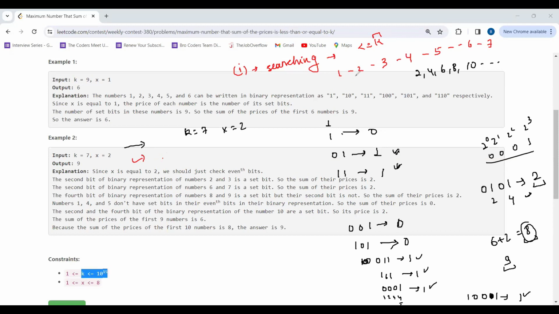So let's take the lower limit as 0 and the upper limit as 20 here. So the mid comes out to be 10. Then what we'll do is find the sum of all the potential set bits from 0 to 10.